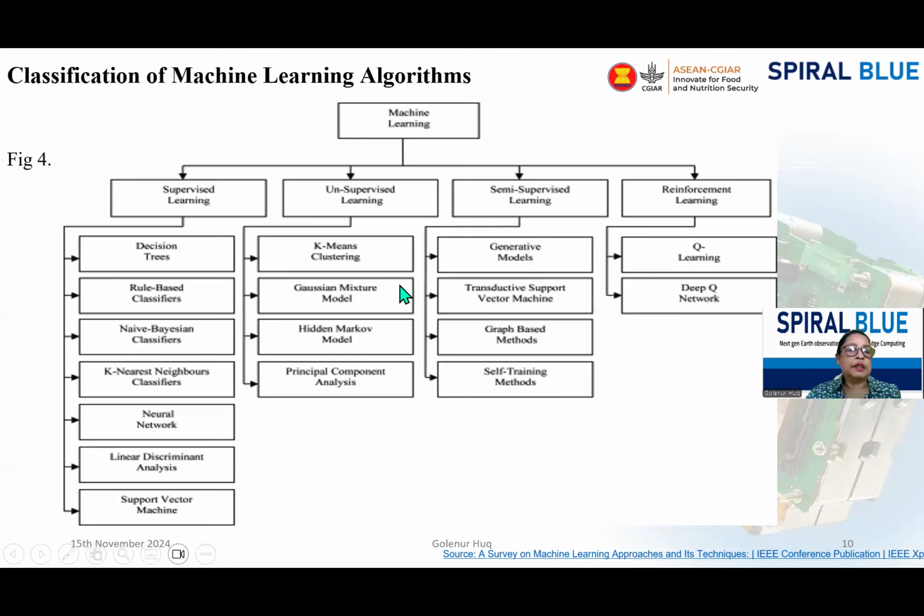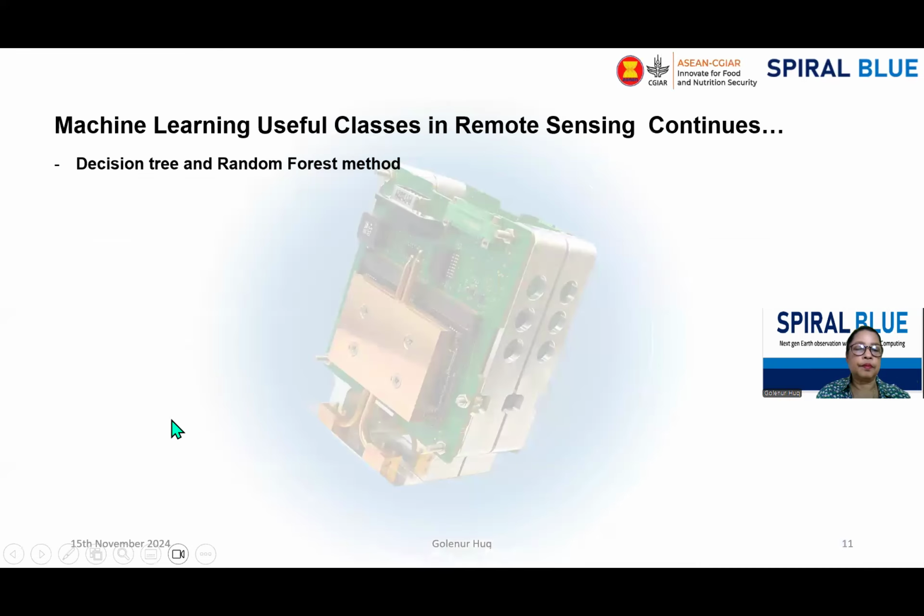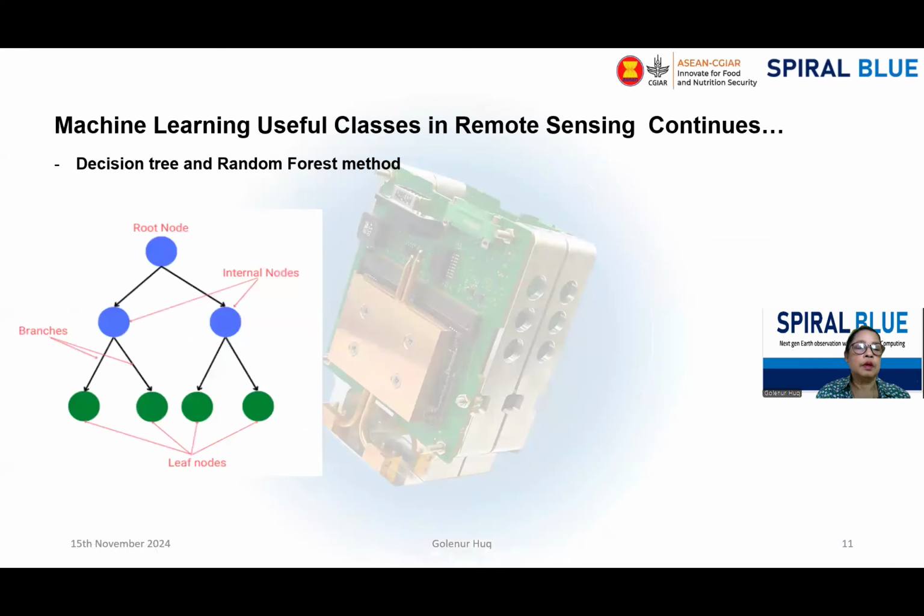Okay, I will discuss some of the methods from supervised learning. For example, decision tree, and then neural network. Okay, check out the decision tree. So here you can see there is a root node, and then we need to categorize one concept.